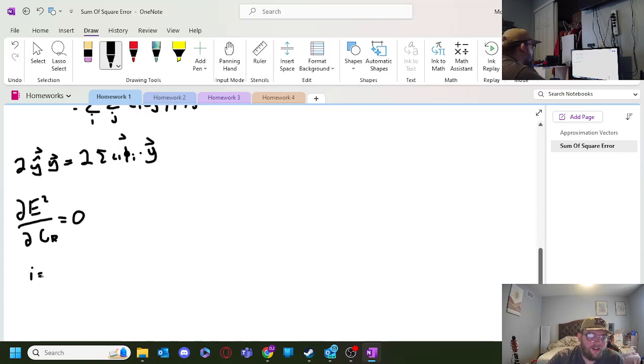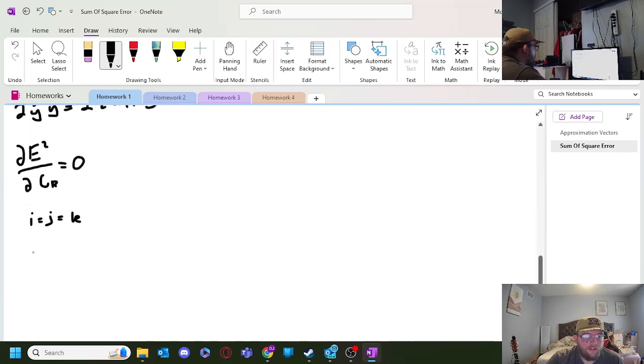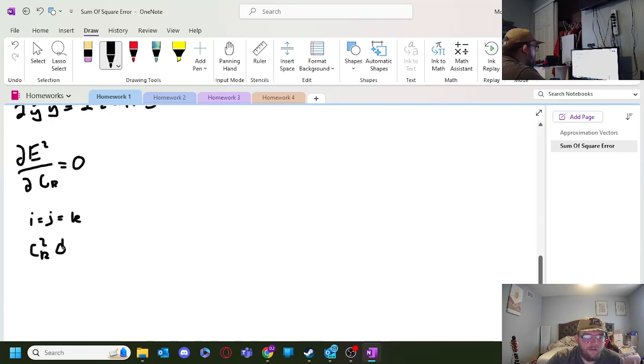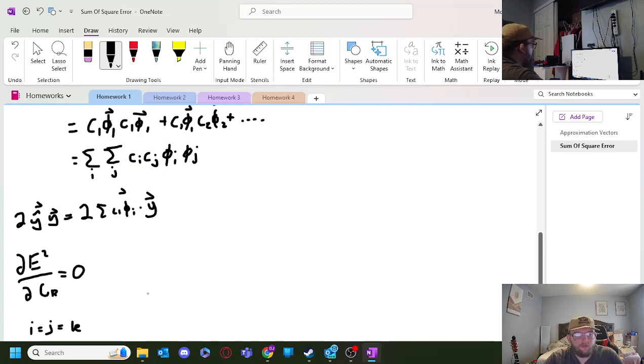When i equals j, and they both equal k, the inside of here is going to look like c_k squared multiplied by phi_k squared. And when you take the derivative of that, you are left with 2 phi_k squared times c_k. And that's your partial derivative for that term.